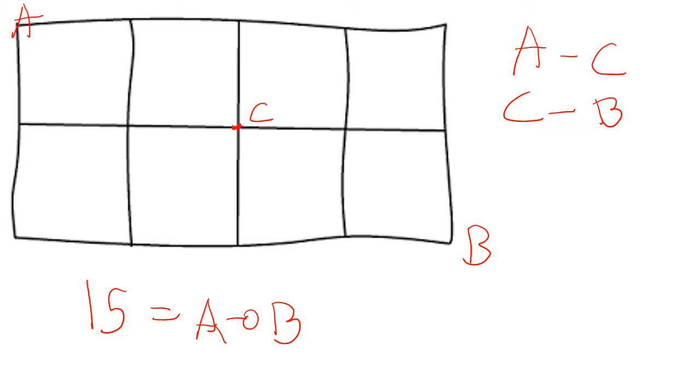If we take a look, we're going to get from A to C and then C to B. So from A to C, we're going to count the number of ways we can do this. Well, we're going to go down once, and then right 1, 2.